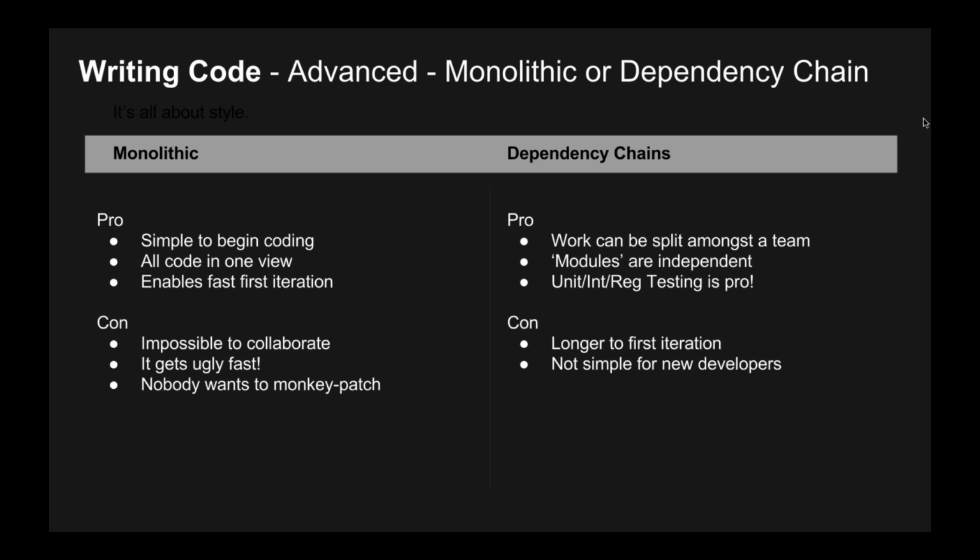So the obvious pros to dependency chains are everything that monolithic is not, right? So we can split the workload amongst the team. I can be working on storage vMotions or some particular process, and then another person can be working on maybe the same set of code that's doing some other VMware hackery or running a backup or any other process that might need to happen at the same time.